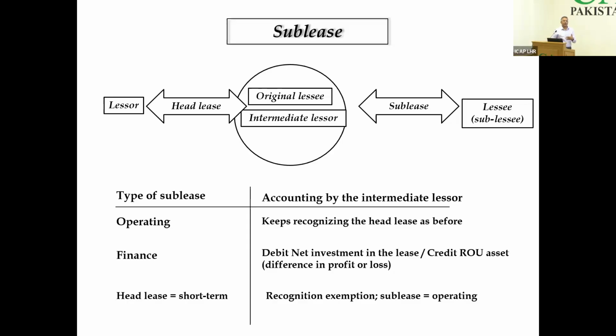If it's an operating lease, it will book realization of lease receivable, recognize interest income, and de-recognize the right of use. And the sublessee accounting is just like a lessee accounting. It will determine whether it's an exception accounting or lease accounting, and accordingly the sublessee will apply the accounting under IFRS 16 as an exception accounting or as lease accounting.